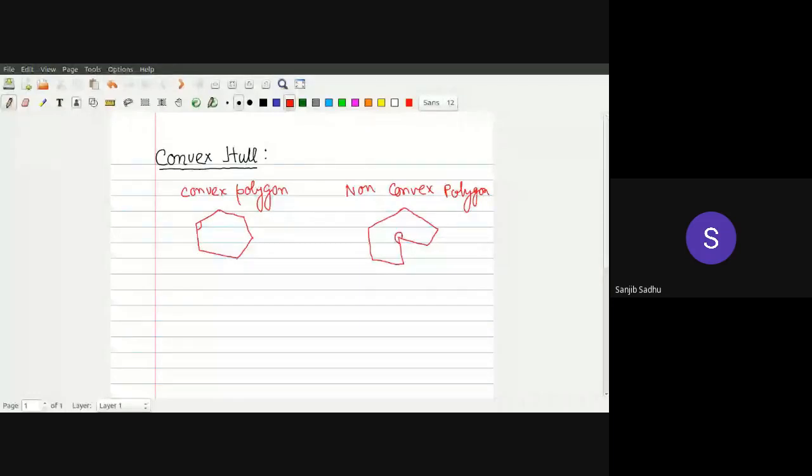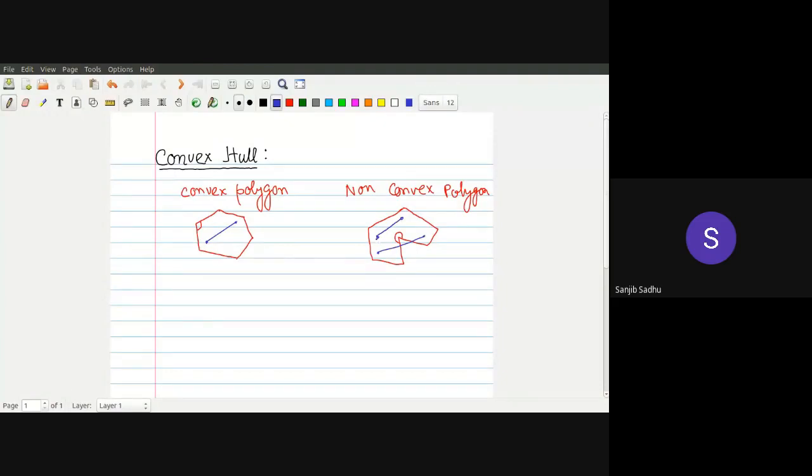Another definition can be this: if you take any 2 points inside the polygon and join them by a straight line, then that line segment will not intersect the boundary of the polygon. That is called a convex polygon. But in case of a non-convex polygon, if you take any 2 points and the segment intersects, you see, in this case if you connect them, then this intersects the boundary. So this is non-convex. Now you may say that if I take these 2 points and connect them, it is not intersecting.